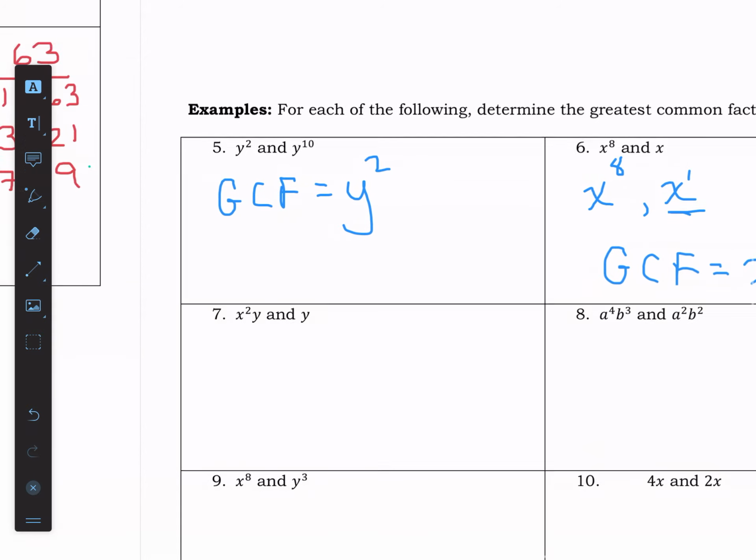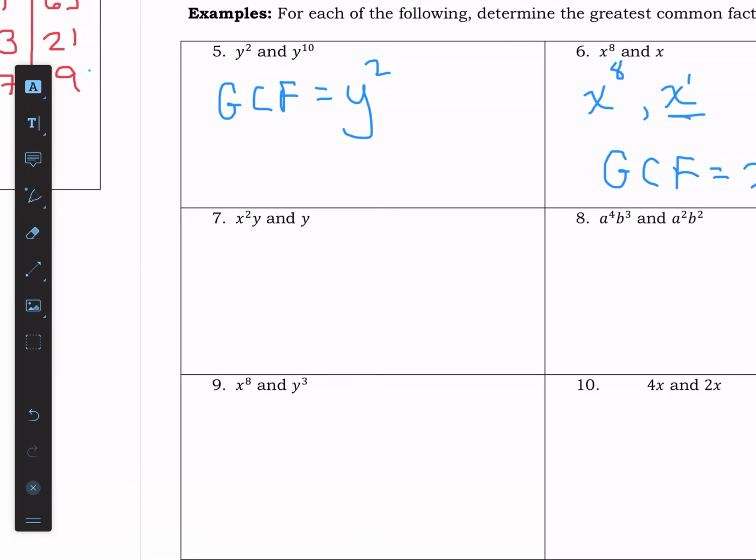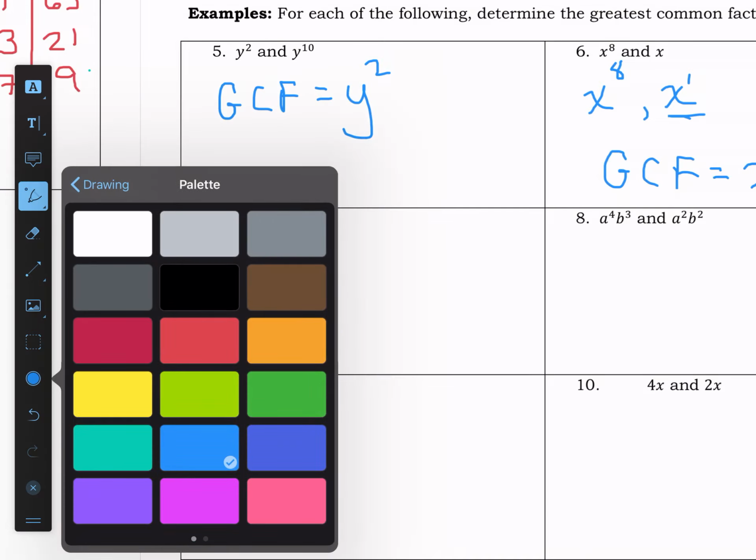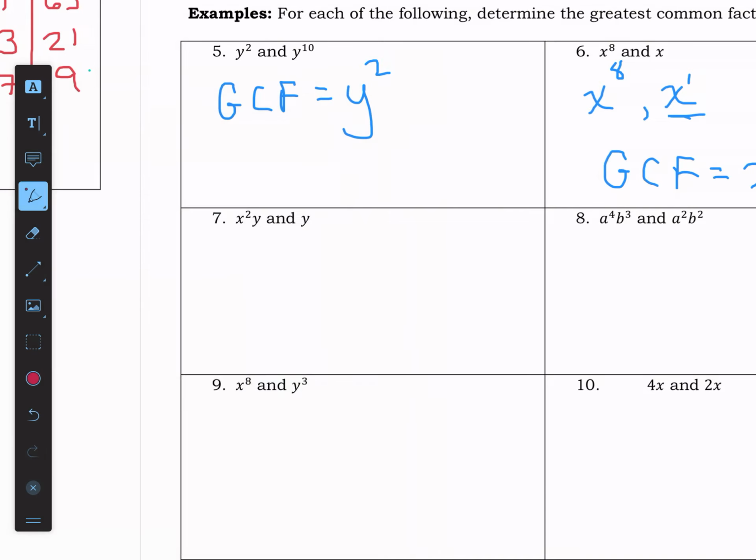All right? Now, on number 7, the first thing I want to do before we get into anything is rewrite our 2 examples here, just so that I can fill in my invisible 1s. Okay. So now, when you have a situation like this, where you have more than one variable going on, you just take it one piece at a time.